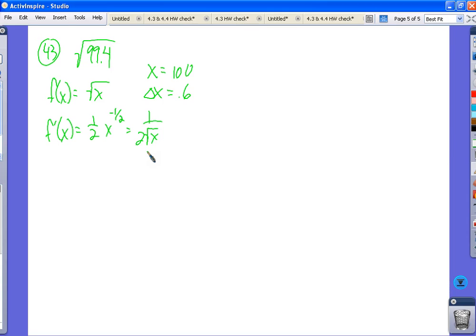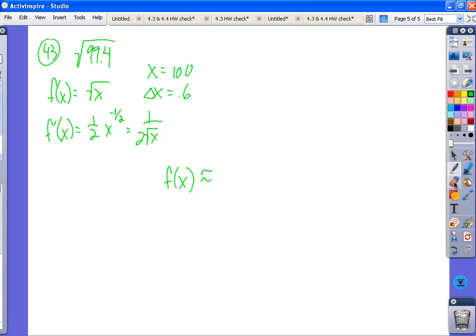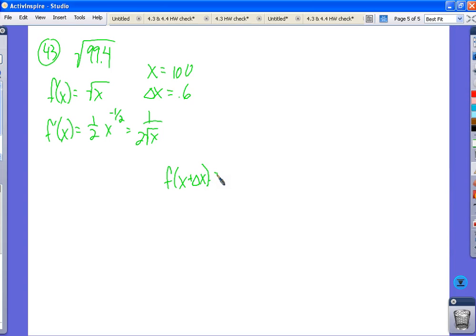Okay. When we want the actual y value, we don't want the change in y. We can actually calculate the y value. So f of x plus delta x will be very close to, well, we'll start at f of x, and then we'll add on that change in y.